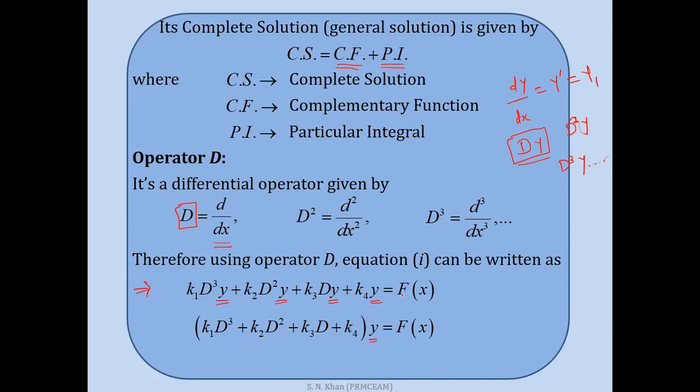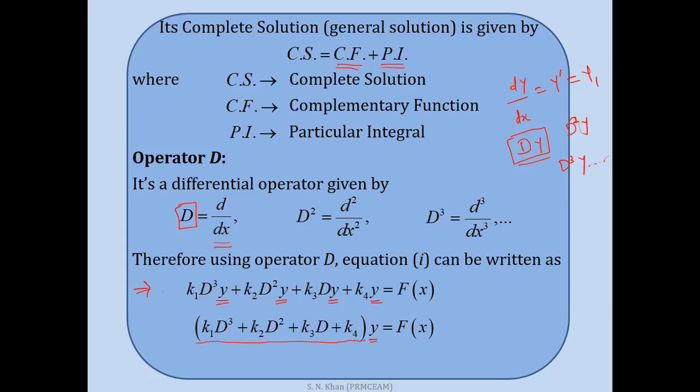Okay? So we have taken variable y common from the left hand side, and we have to do this step in each and every problem. We need operator D separate and function separate. So this complete bracket contains operator D and constants. If constants are there, that doesn't matter.